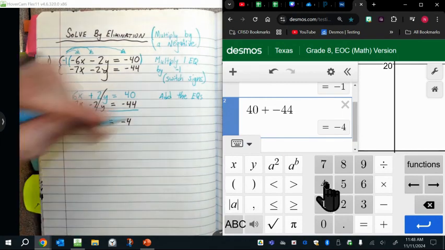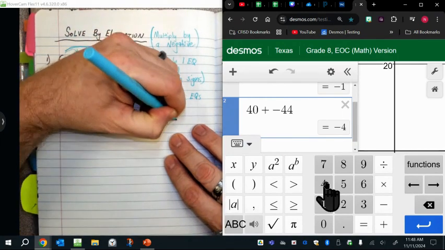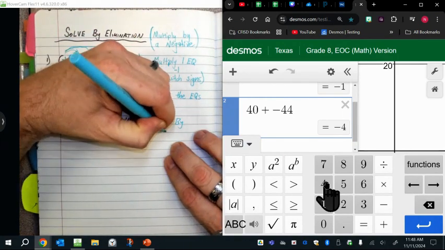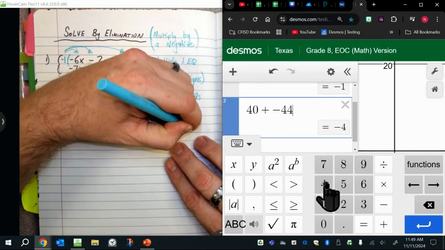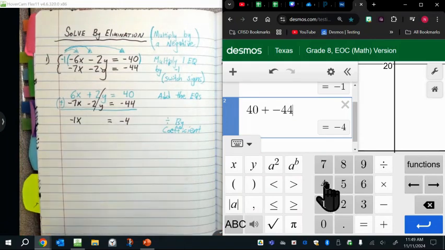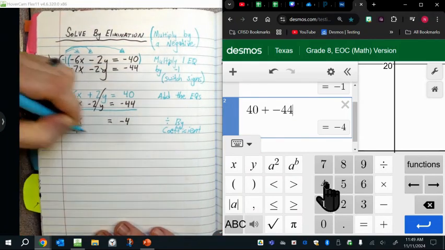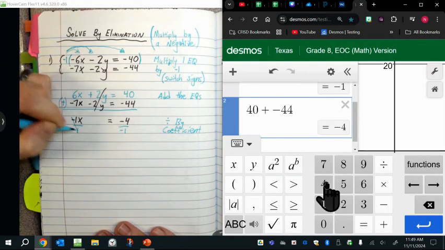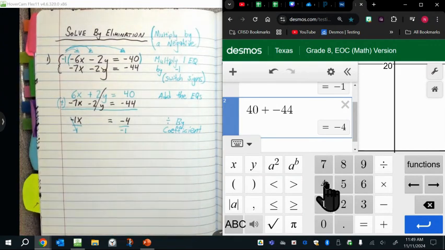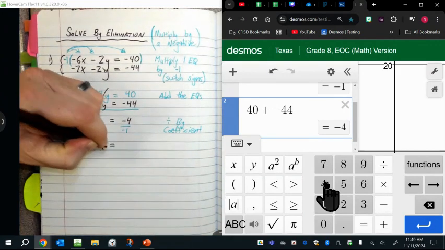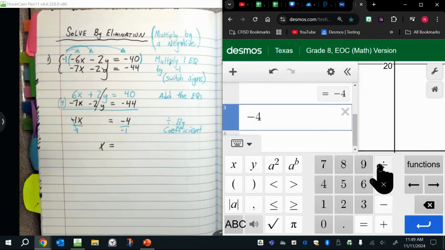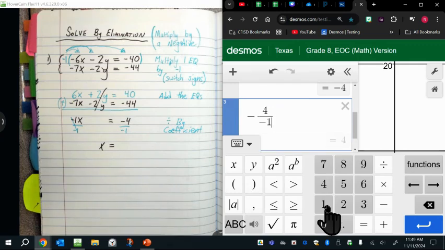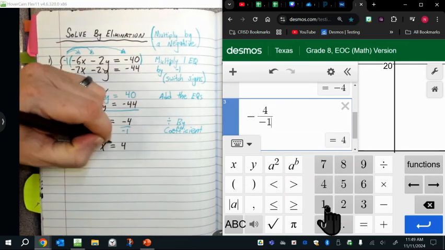Okay, our next step, same as the other day, is divide by the coefficient. So if I divide by the coefficient, I'm dividing by -1. That cancels, and x is equal to -4 divided by -1, 4.